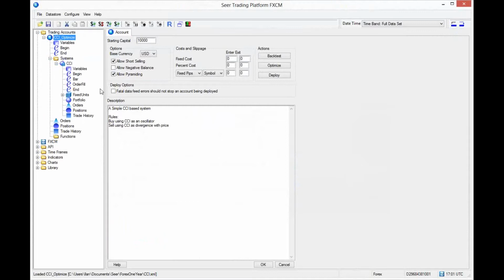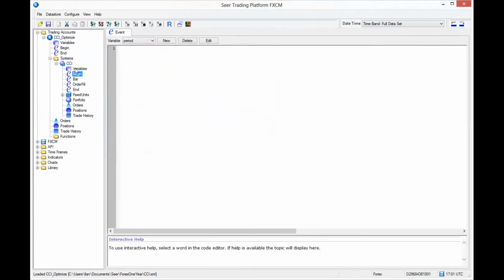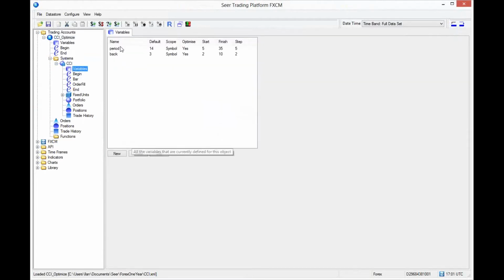Now, most of you may know CCI is a type of indicator, right? It stands for Commodity Channel Index, and you can see there are some variables inside the system. There's a period and a back. Those are two variables that are inputs to the CCI indicator.